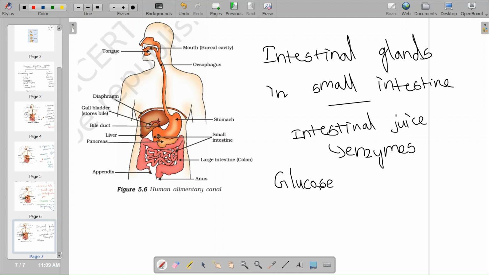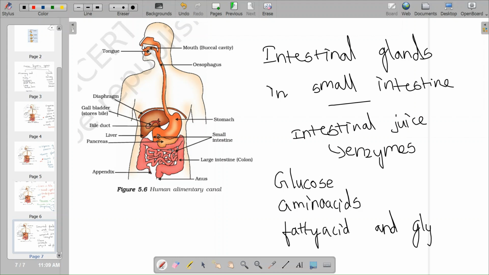The proteolytic enzyme can convert all the remaining proteins into their simplest form, amino acids. And the lipolytic enzyme can convert all the lipids into fatty acids and glycerol.